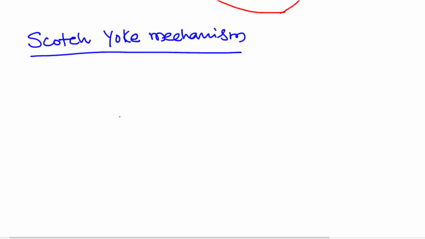So this is crank, this is slider, and it moves in this.